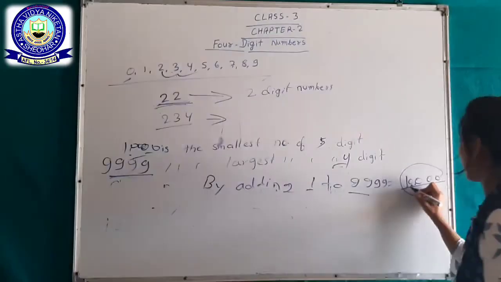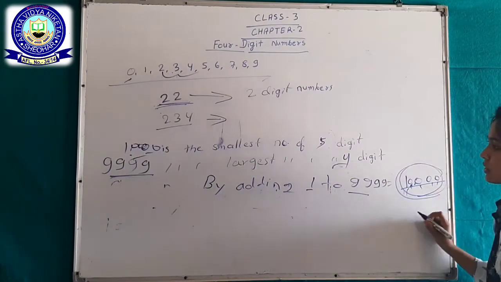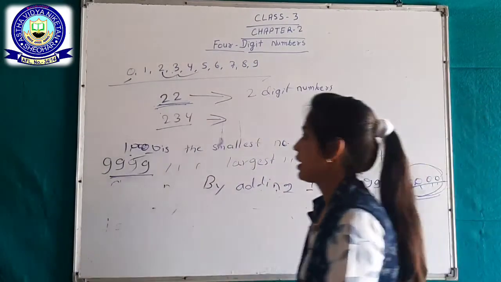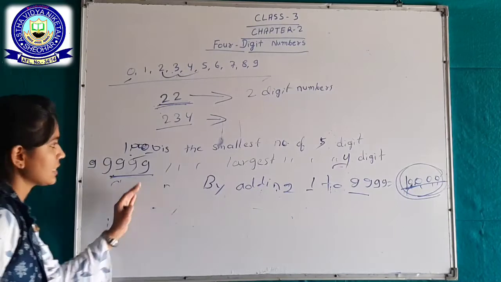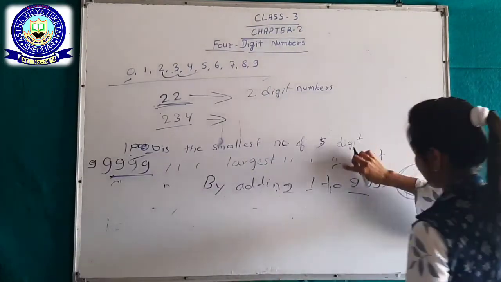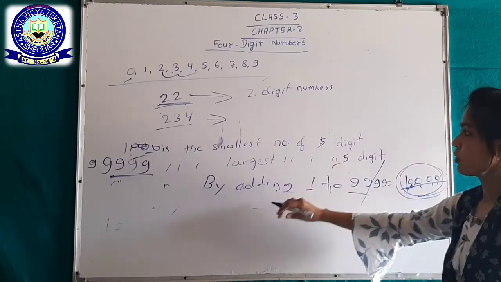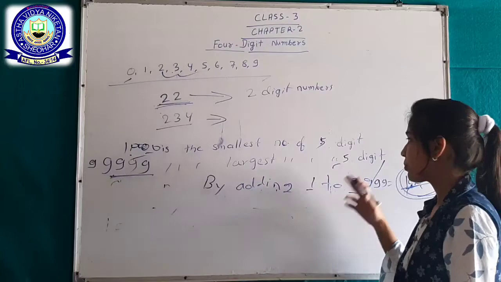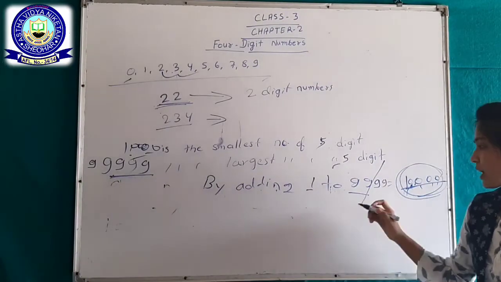It has 1, 2, 3, 4 and 5 digits, so this is a 5-digit number. 99,999 is the largest number of 5 digits. By the same process, we get the smallest and largest numbers of 6 digits, 7 digits, 8 digits, and so on.